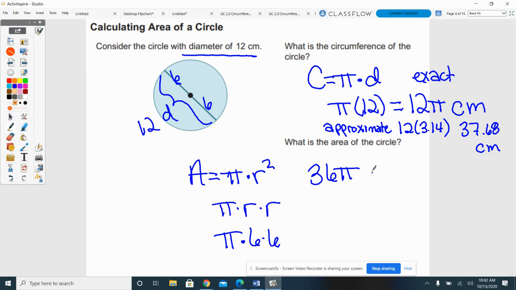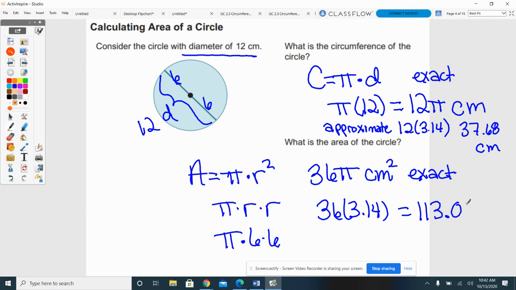This time we're talking about squares because area is the inside, and that is what we call an exact answer. It's exact because pi is still in the answer. If you want an approximate, you'll take 36 times 3.14, and that's 113.04, again centimeters squared, and that's what we call the approximate.